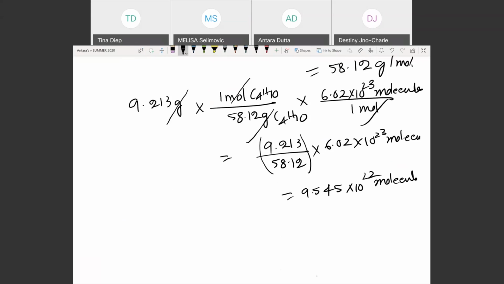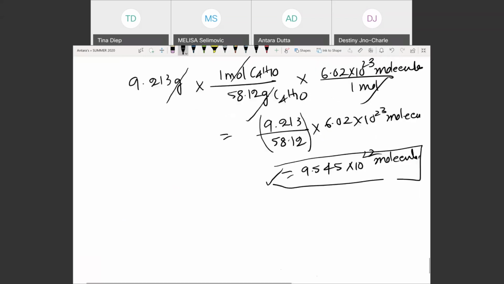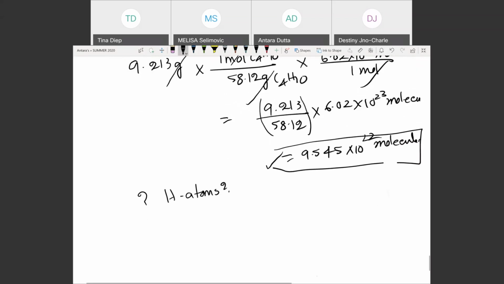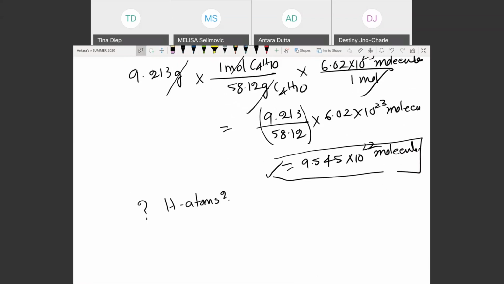Did you guys get that? I got the same thing. Yes, ma'am. Okay, so now my first part is done. The second part is how many hydrogen atoms. That means they are talking about one of the elements in the compound, so I have to look at the subscript to find the relationship.